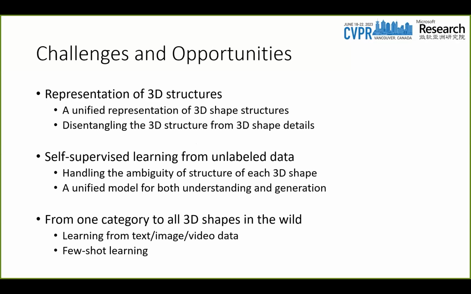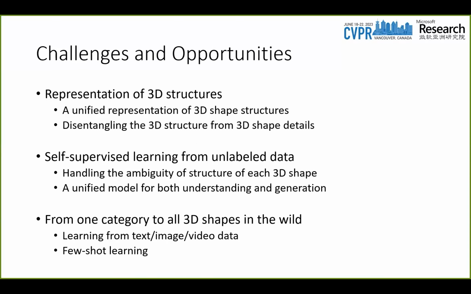Looking forward, we are exploring several things on 3D structure learning. It is unclear whether we can find a unified representation for 3D shape structures and efficient learning schemes that can disentangle the 3D structure from 3D shape details. Also, we are seeking self-supervised learning methods and networks that can provide a unified framework for both 3D structure understanding and generation.